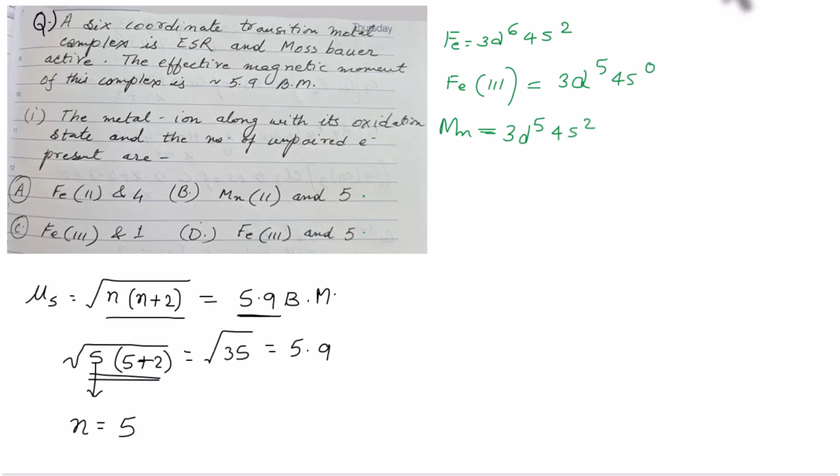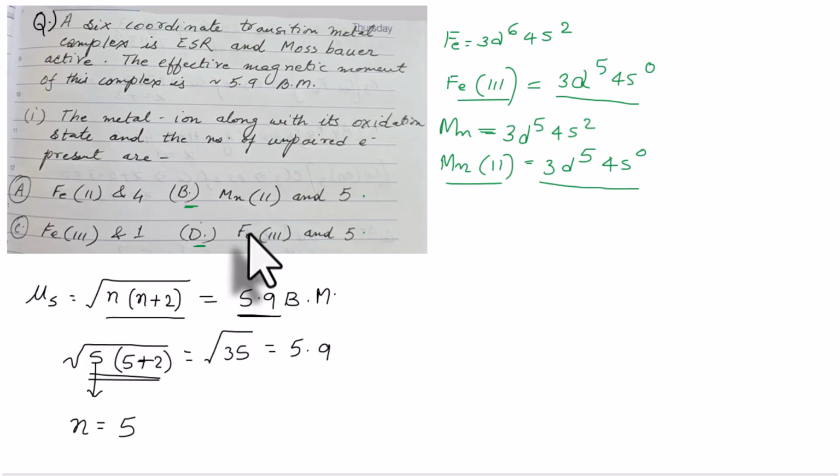And manganese 2 has 3d5 4s0. So both Fe3 and manganese 2 have 3d5 4s0 valence electronic configuration. So we have a possibility of these two, manganese in the plus 2 state and iron in the plus 3 state. So there is a possibility of B and D answers being correct.